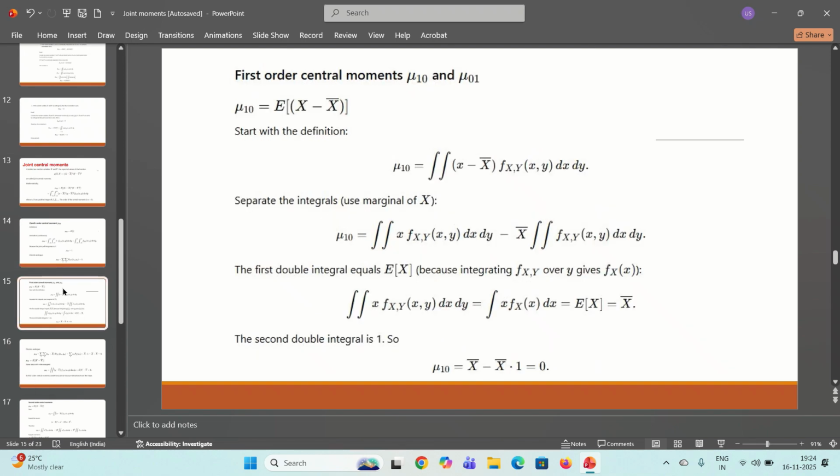Let us see the first order central moments mu 1 0 and mu 0 1. Now we see mu 1 0, that is equal to the expectation of x minus x bar. Start with the definition. Mu 1 0 is equal to the double integral from minus infinity to infinity of (x minus x bar) into f x comma y of x comma y dx dy.